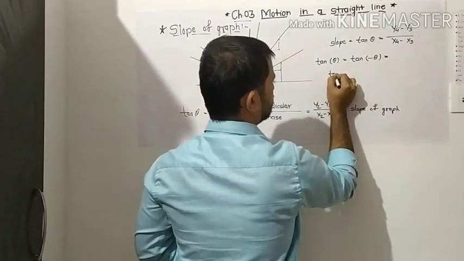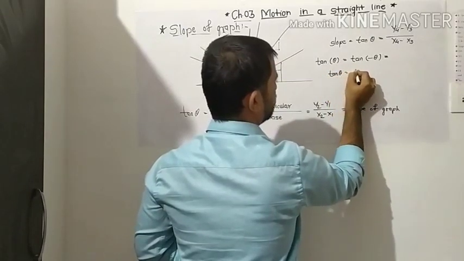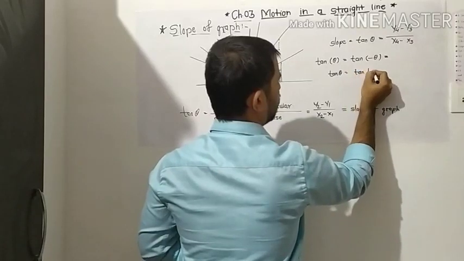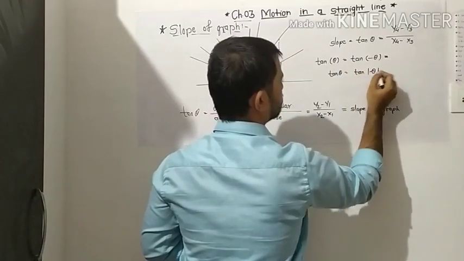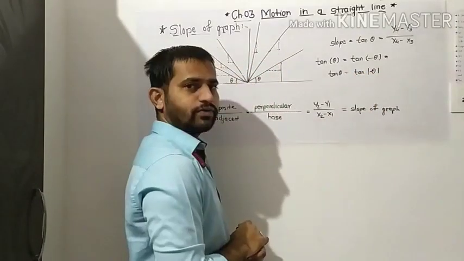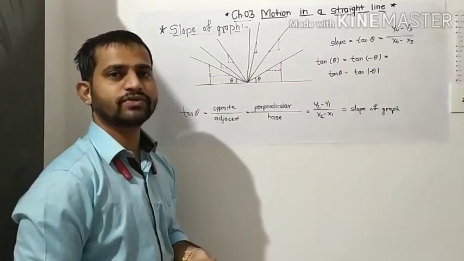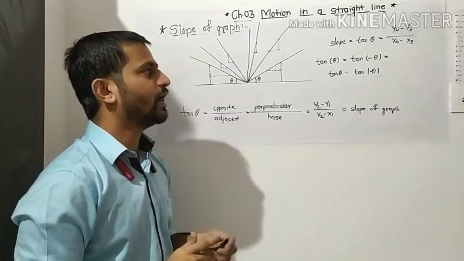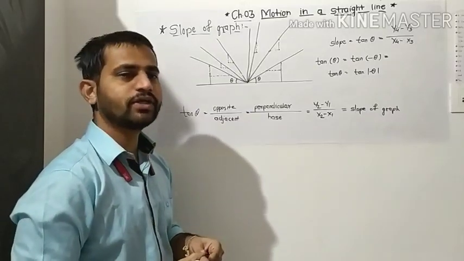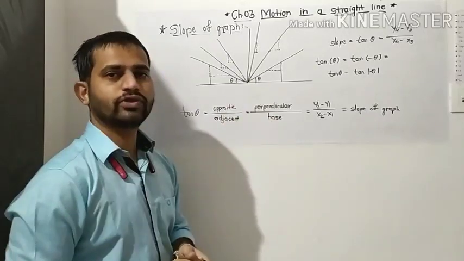Tan theta is equal to tan of mod of minus theta, so we don't have to consider the negative sign there. Whatever value comes there, it is similar for tan on both sides.